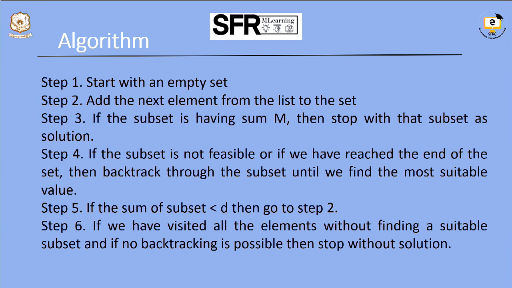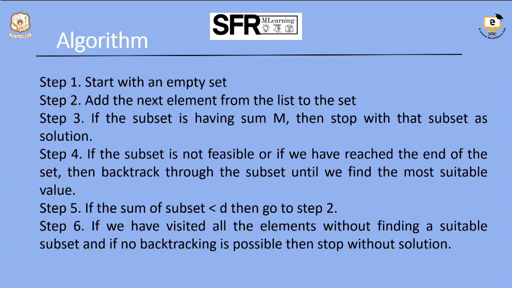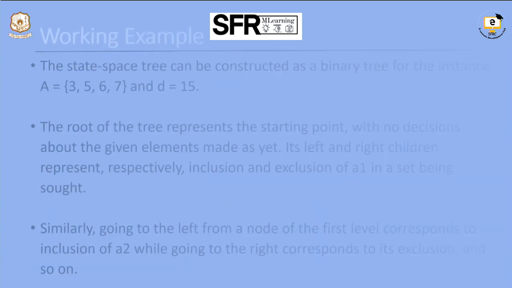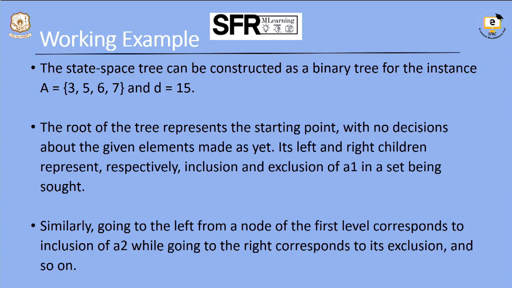Another one is if the sum of the subset becomes greater than 30, or in our example 30, the variable is D. So if the sum is greater than D also, it is not a promising node. So we will backtrack in both these cases, and we will stop when we reach the values whose sum is equal to 30. So this is represented by the state space tree.